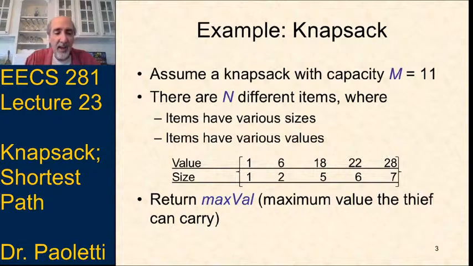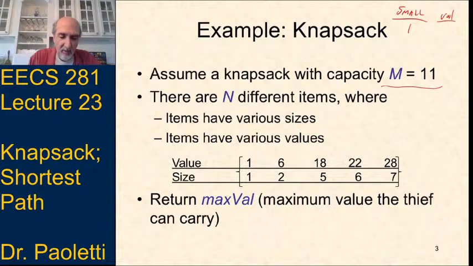So let's try going with smallest items first. Let's do this up in the corner. I'm going to keep track of a column for the size and a column for the value. So we've got a capacity of 11. I pick the first item, so I've got a size of 1 and a value of 1. All right, so I take the next item. It's got a value of 6 and a size of 2.